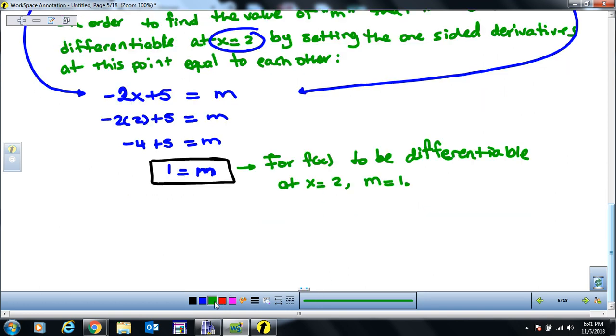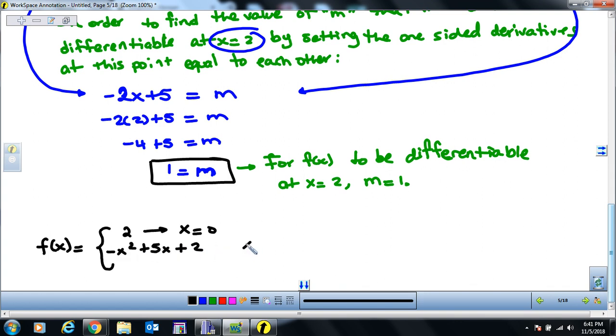So I can start constructing this piecewise function a little differently. f of x is equal to 2 when x is 0, negative x squared plus 5x plus 2 when x is between 0 and 2, and instead of mx plus b, it's going to be 1x plus b, which could simply be x plus b.